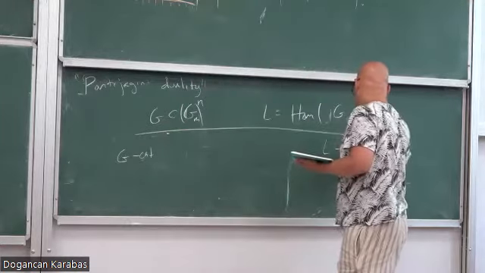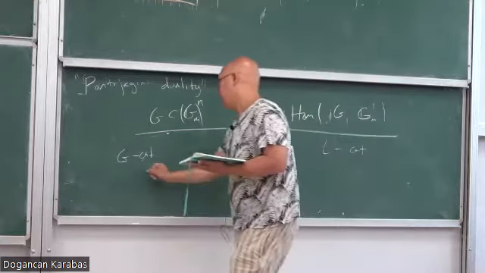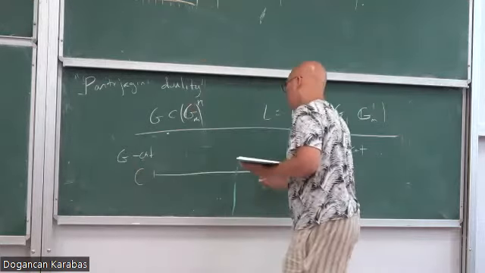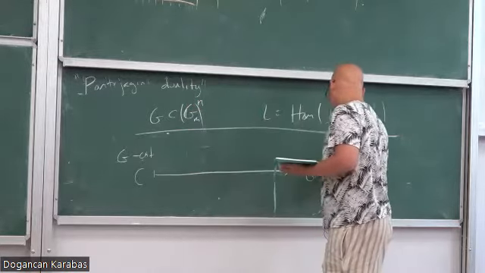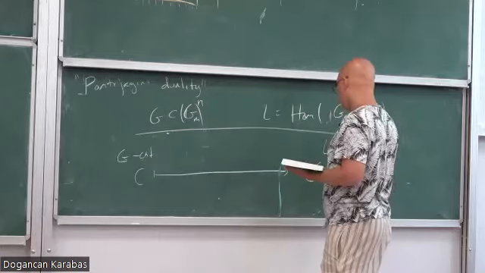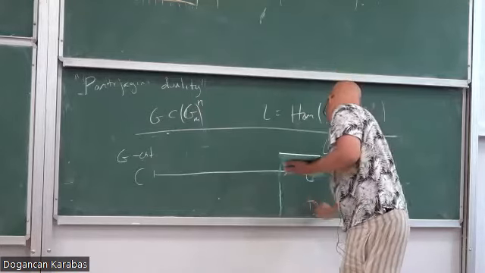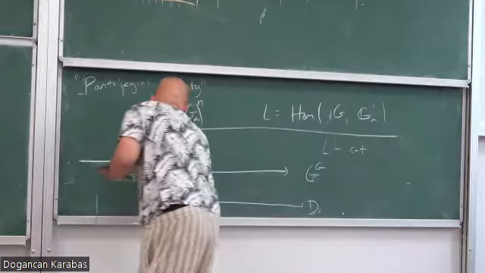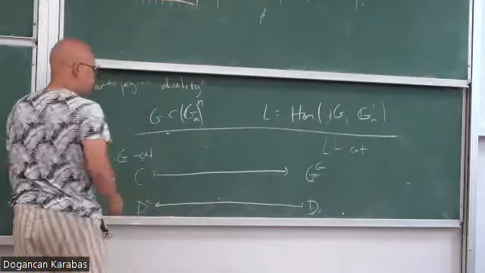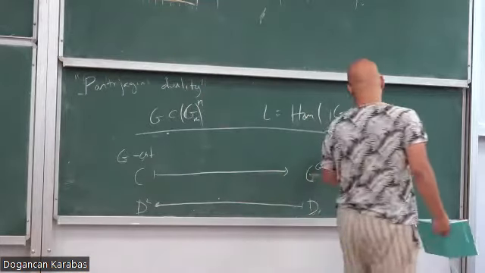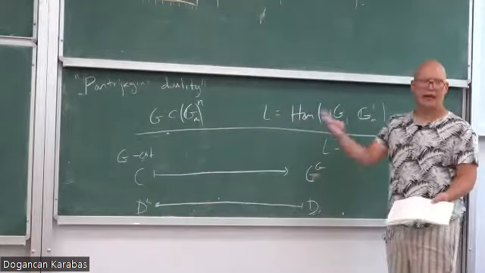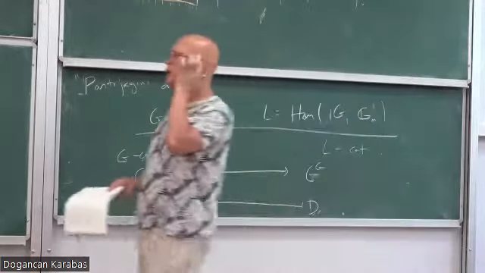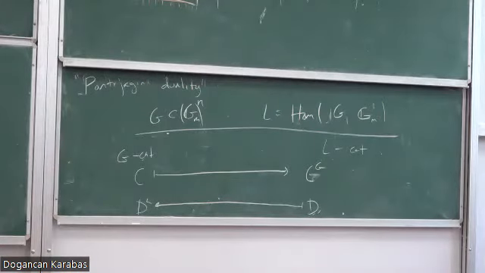And you're going to have categories acted on by L. The statement is that if you have such a category, you can send it to its G invariants. And if you have such a category, you can send it to its L invariants. First of all, it's a true fact that the G invariants of this category have an L action, and vice versa. And moreover, if you do one, then the other, you're back where you started. Which is the general case of this example.